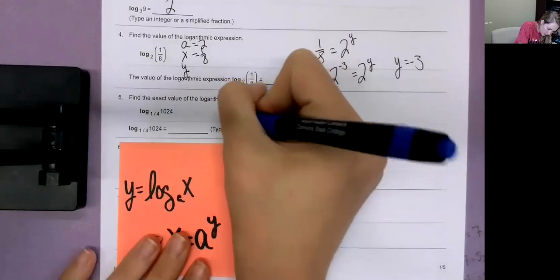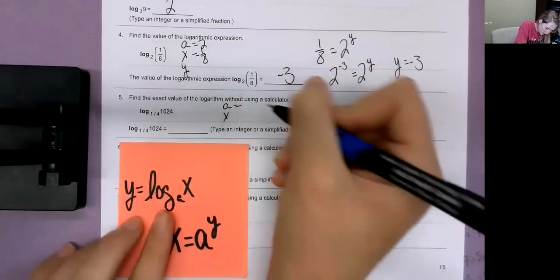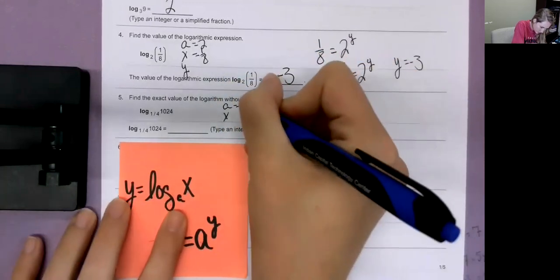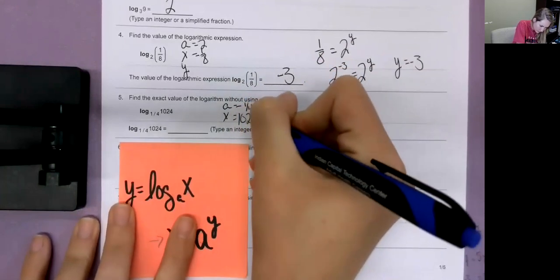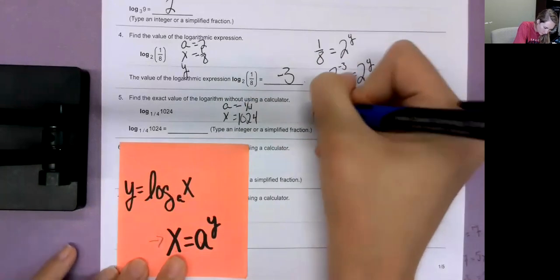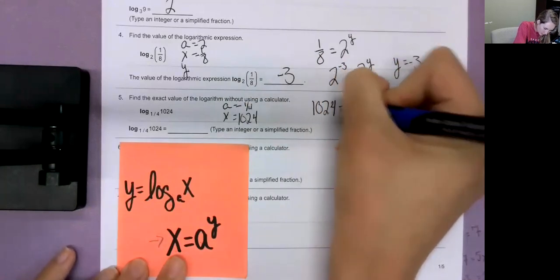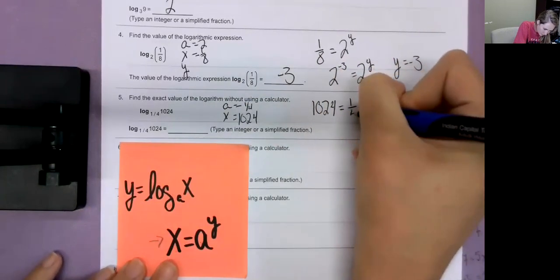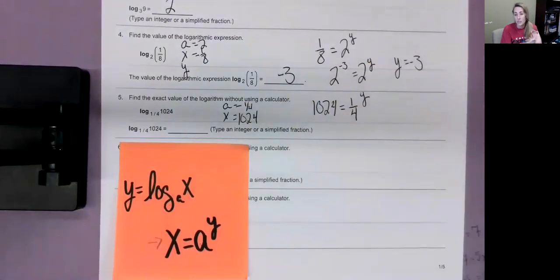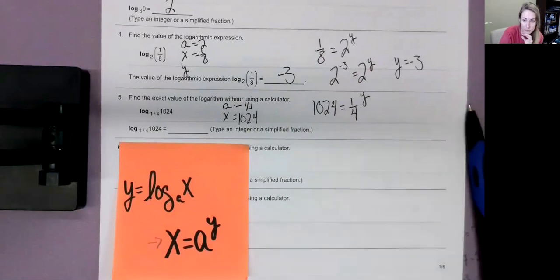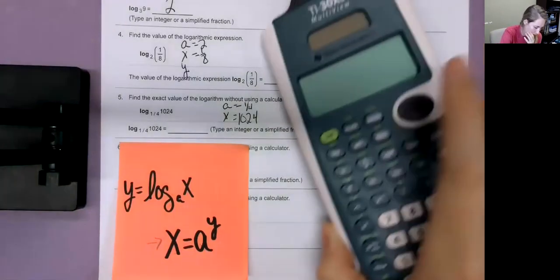So a, x, our a is 1/4. Our x is 1024. So we have 1024 equals 1/4 to the y. I need 1024 to look like 1/4. So we need to see how many times 4 goes into 1024.